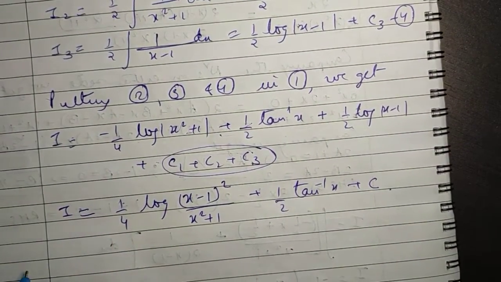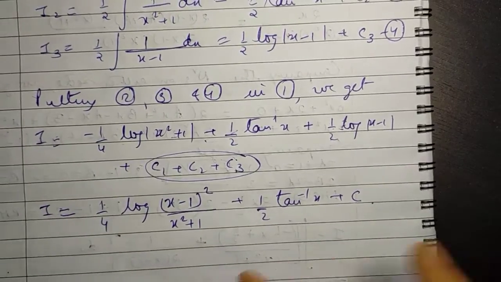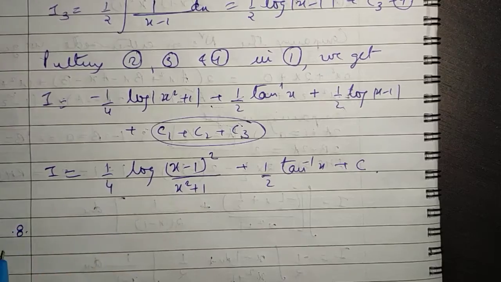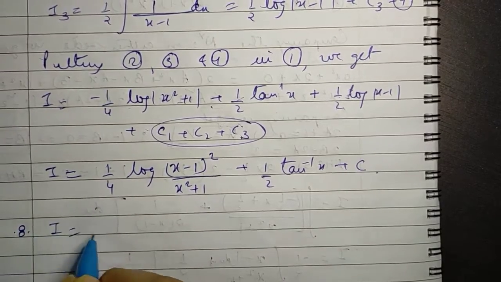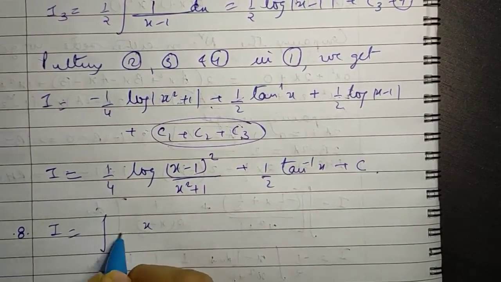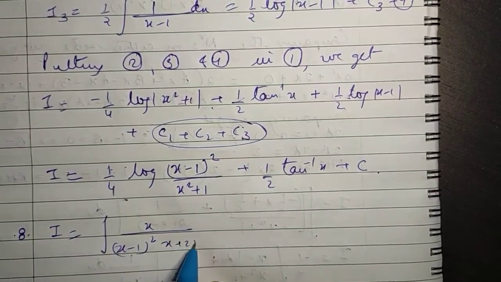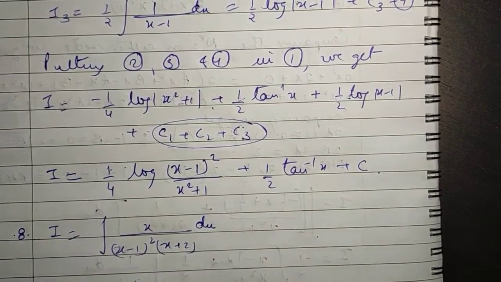Now similarly we take up the next question, which is question number 8. Question number 8 is yet another kind. If you just observe, it is x upon x minus 1 whole square into x plus 2 into dx.